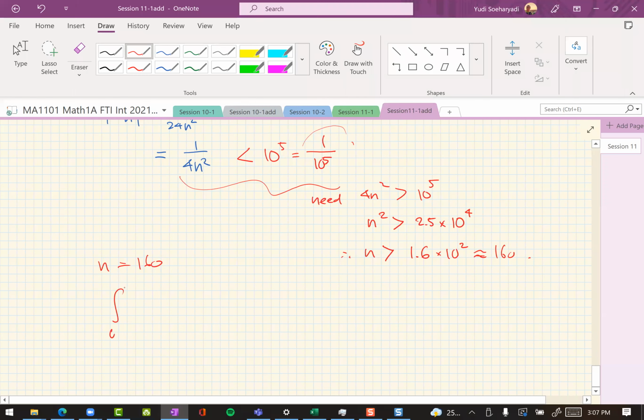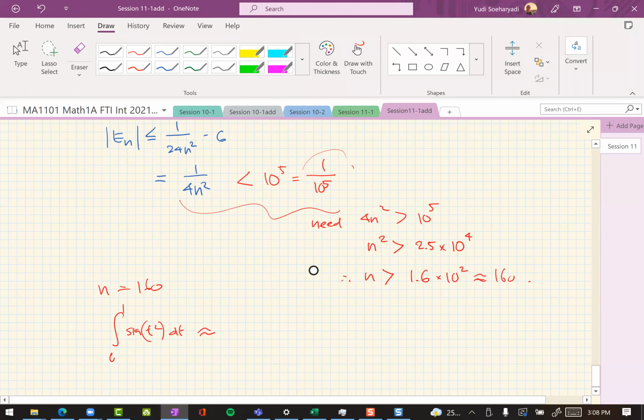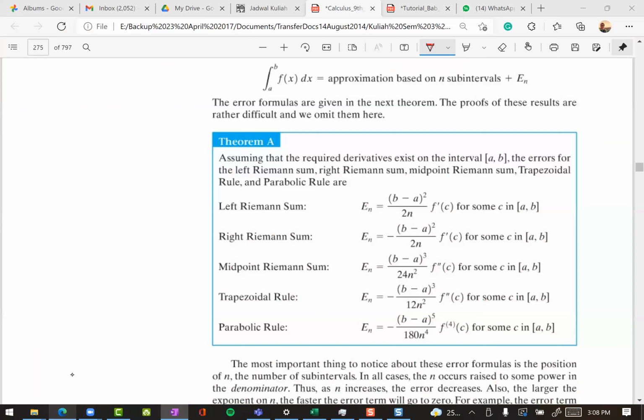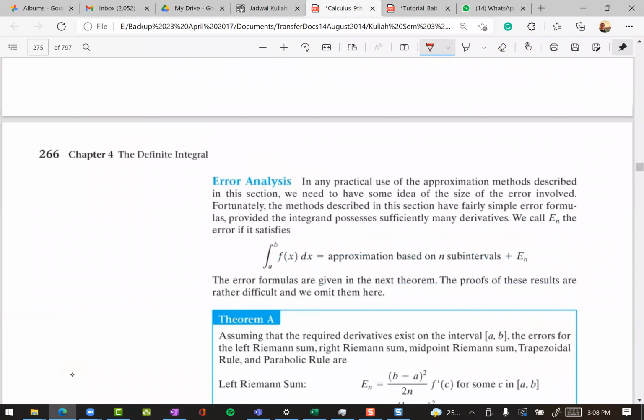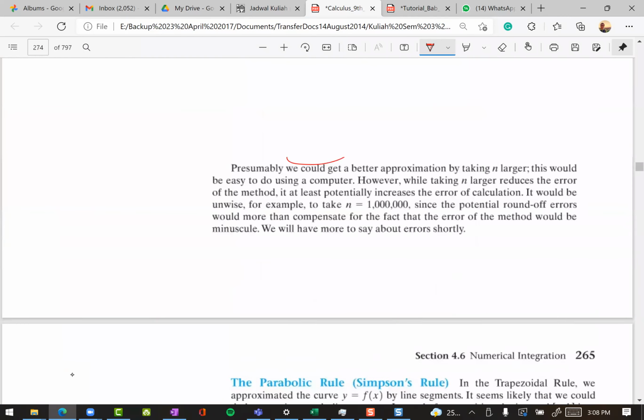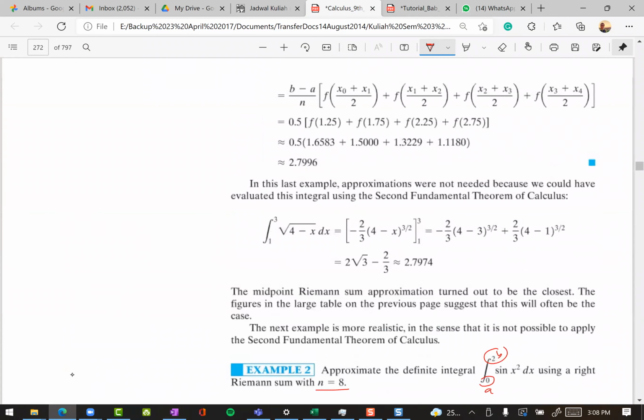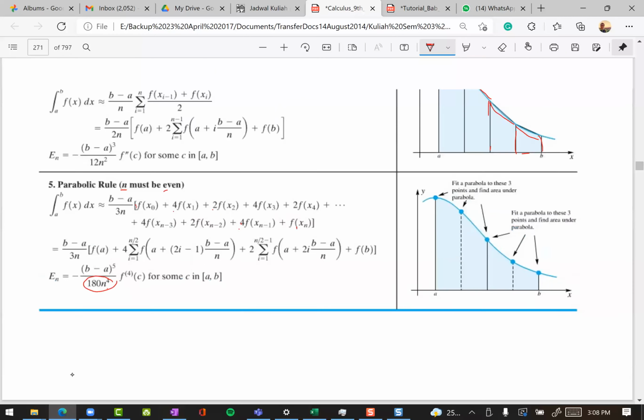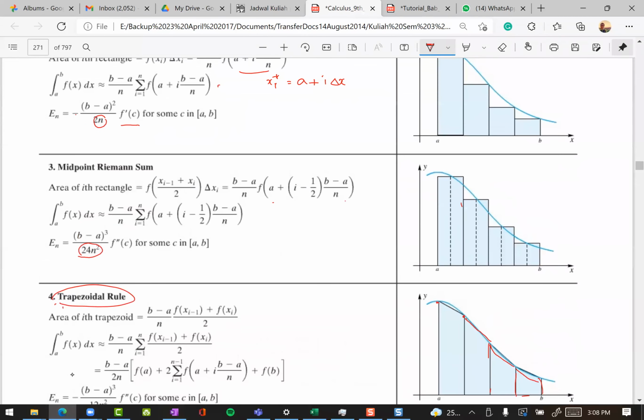Okay, so for this integral the formula is, let's see, again, the formula is, look at that one. Midpoint is, no, whatever, this 1 over n over this one.